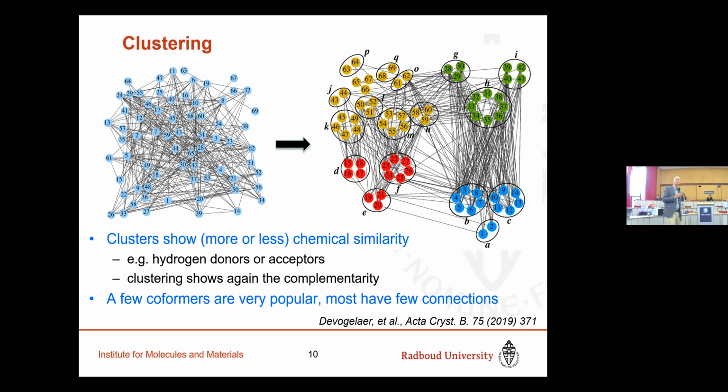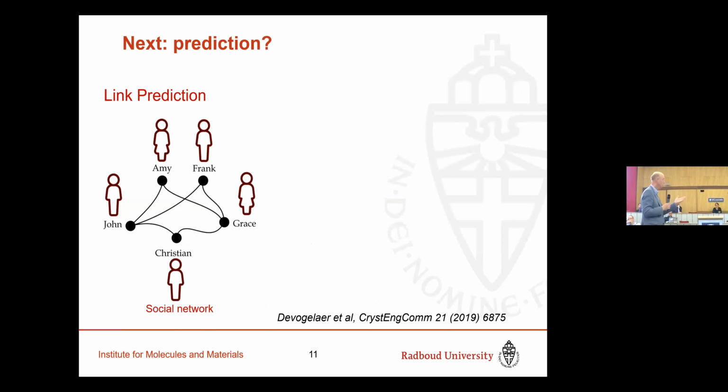What you also find is that some co-formers are extremely popular and some are not so popular. It's almost like a social network, right? You have these big influencers and some people are not so popular. This is how things are. Okay, now knowing this actually gives you a tool to predict possible co-formers.